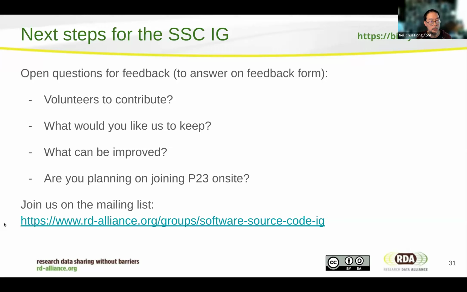And one of the things we want to check is which people are planning to join the next plenary of the RDA on-site in November. So we're just trying to gauge who is likely to be attending. Even if you're not certain, it would be useful to get an idea of if you are likely to join a software source code interest group session in person there.